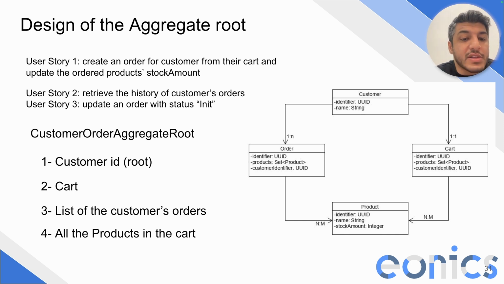We still have the customer ID, we have the cart, but now we have a list of customers' orders, because our second story will require us to return all the orders of the customer. So now we can have a list of orders, and when we want to create a new order, we can just add the order to this list and write it.